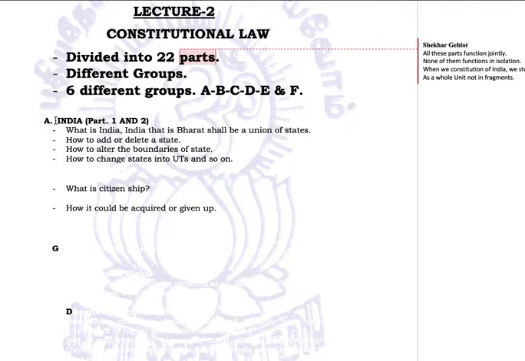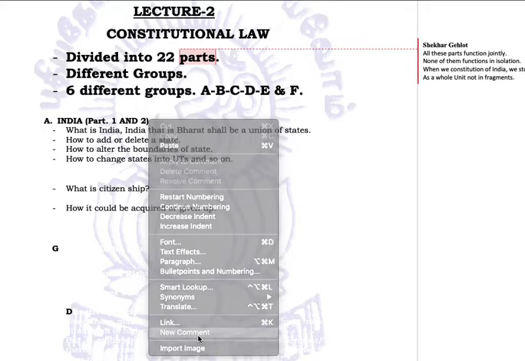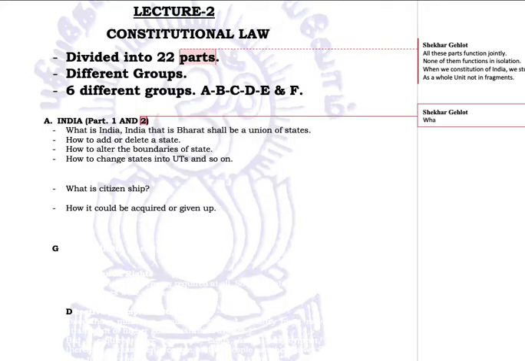First of all, Group A, which comprises Part 1 and Part 2 of the Constitution of India. So Group A deals with India. What is India? In the previous class we discussed, if somebody asks you to define India, how will you define it?